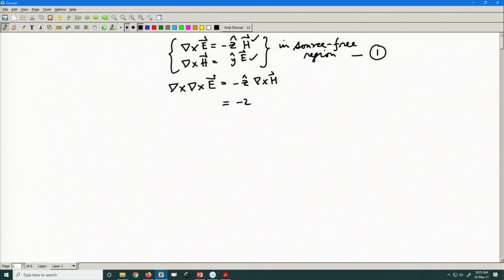and substituting from the second of the equations, which is curl of H equal to y cap E, we get curl curl E equal to minus z cap y cap E. So, needless to say z cap is j omega mu and y cap is sigma plus j omega epsilon.